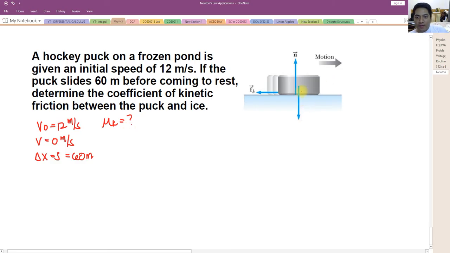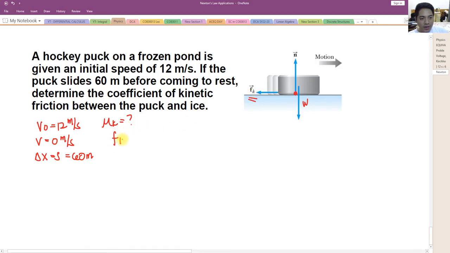So this is the puck. We have normal force, we have weight, we have the motion in here, and we have the opposing force in the direction of the motion, that's the kinetic friction. So what are we going to do here?